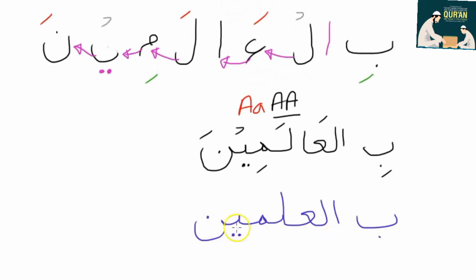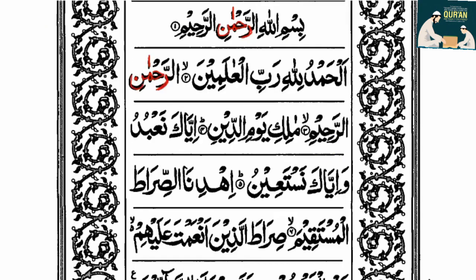Bil a, and you have the vowels, bil a lamina, and a small alif. Draw a small alif there then, just after the ain. So say it with me. Bil a lamina.